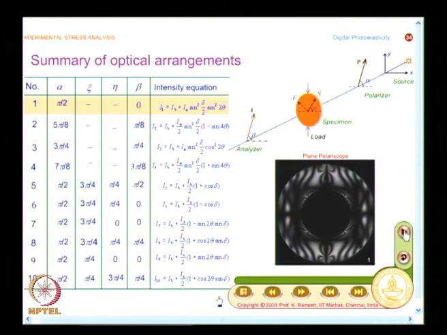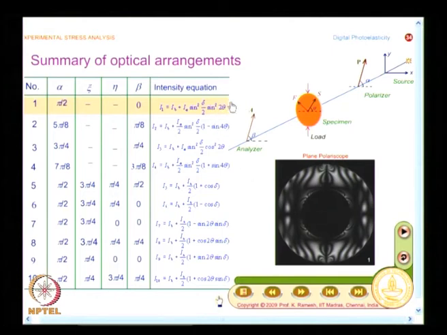What you have here is a plane polariscope. The difference here is, I keep the polarizer and analyzer at angles alpha and beta. And we have found that if you want to find out isoclinics, you need to use a plane polariscope to evaluate the isoclinics.